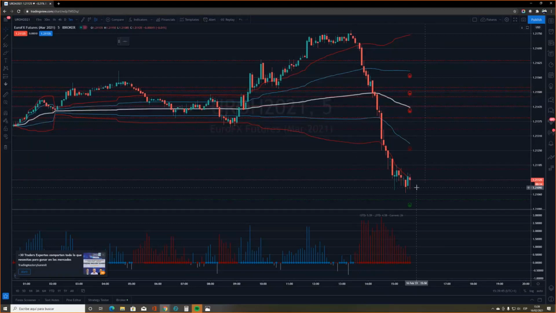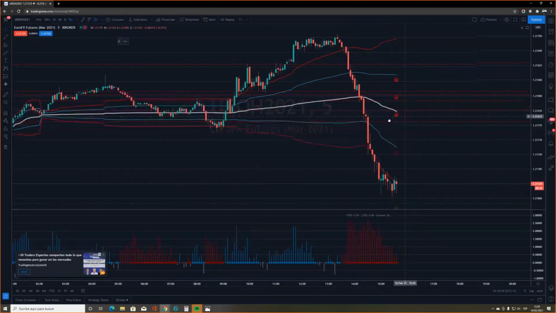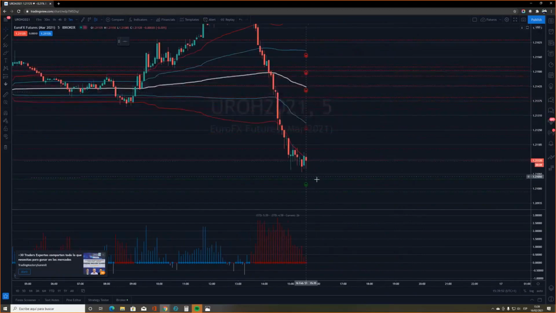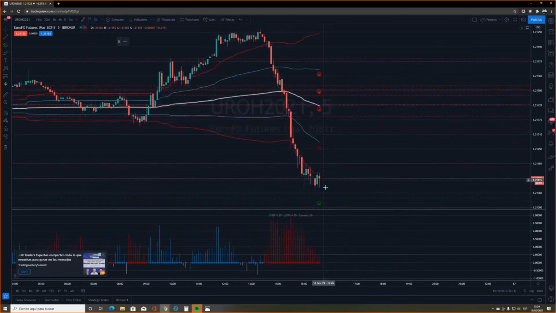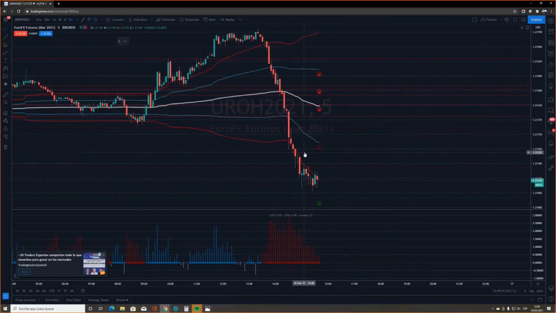What I want to show you here is that this indicator is showing us what it believes are the pending orders left on the market. When we see this down movement, it surely left some traders behind, right? So orders behind here.